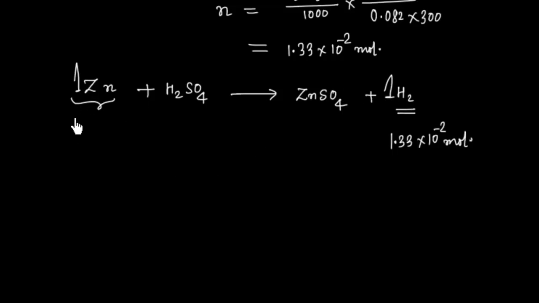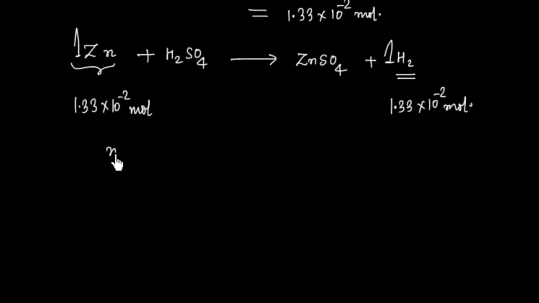So mole of zinc is same as mole of hydrogen, that is 1.33 into 10 to the power minus 2 mole. So now I have mole of zinc, this is equals to 1.33 into 10 to the power minus 2 mole.